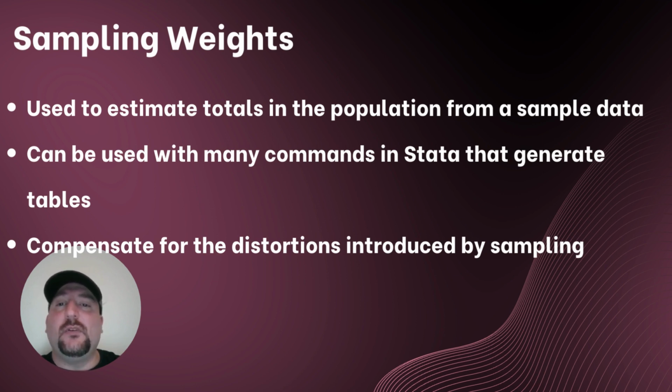For example, let's suppose that the population is 10% urban and 90% rural, but the sample is split 50-50 between urban and rural households. This means that the urban households are overrepresented in the sample. So any statistics calculated from the sample will be disproportionately affected by the urban households.